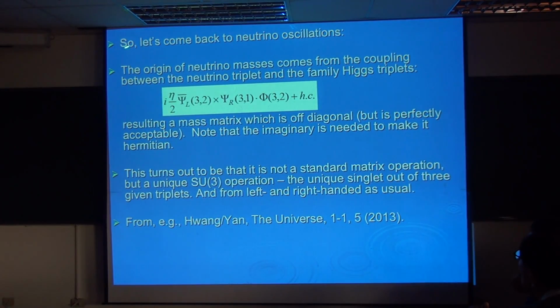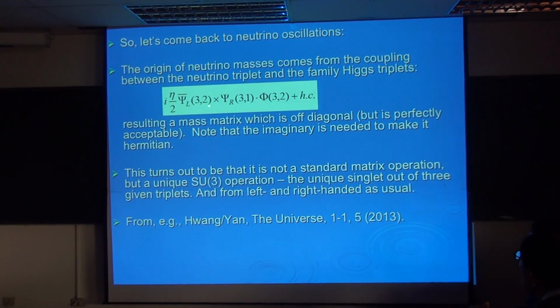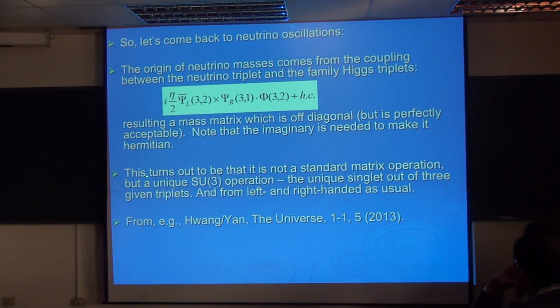In fact, you have to introduce this. This is in fact a left-handed triplet, doublet, left-handed. This is right-handed. So that's why you have a 3-2 Higgs. In fact, this quantity is not a standard matrix operation, but a unitary SU(3) operation.